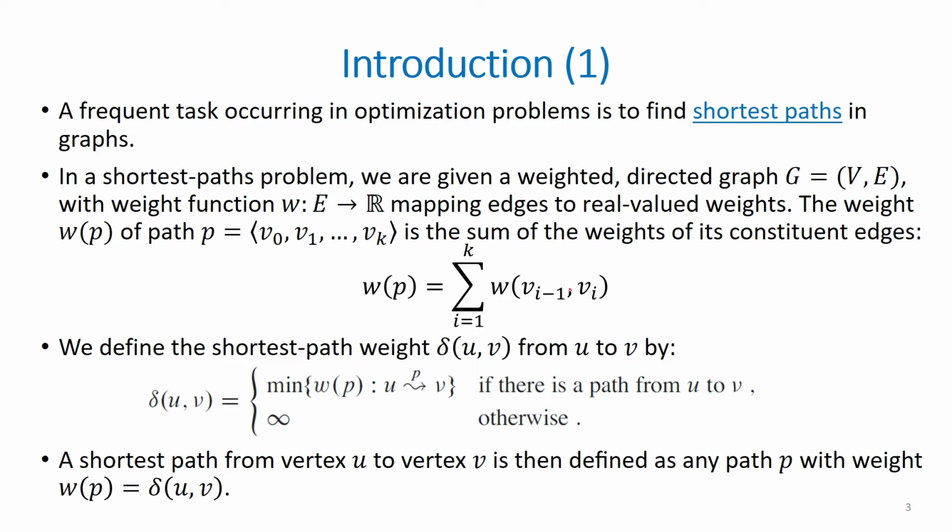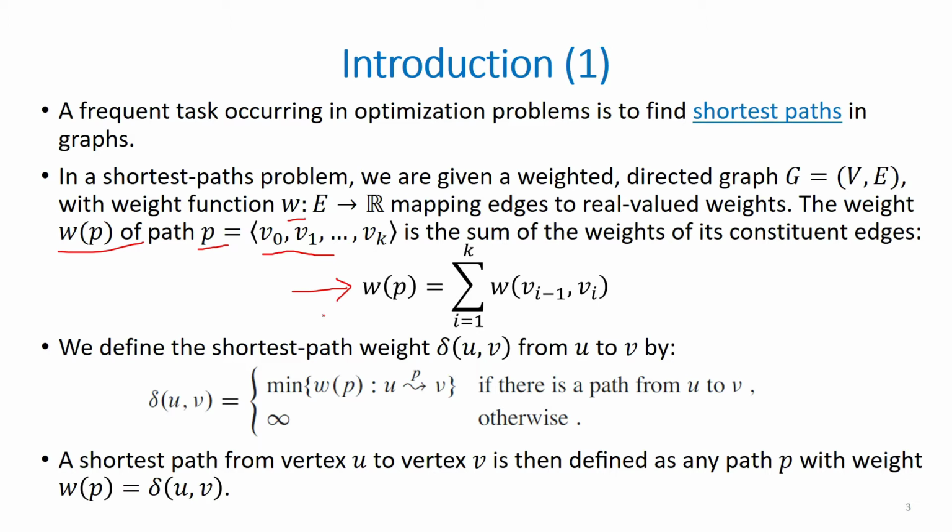The weight function W, given over here, maps each edge to a real value, and W(P) denotes the weight of some path P that is defined by the set of vertices it covers. So the sum of the weights of the edges in the path P is defined mathematically as shown over here.